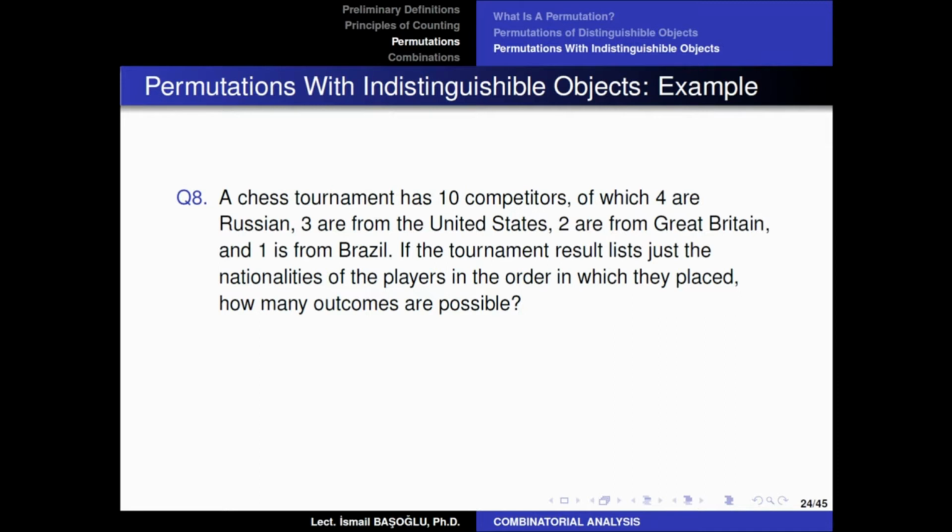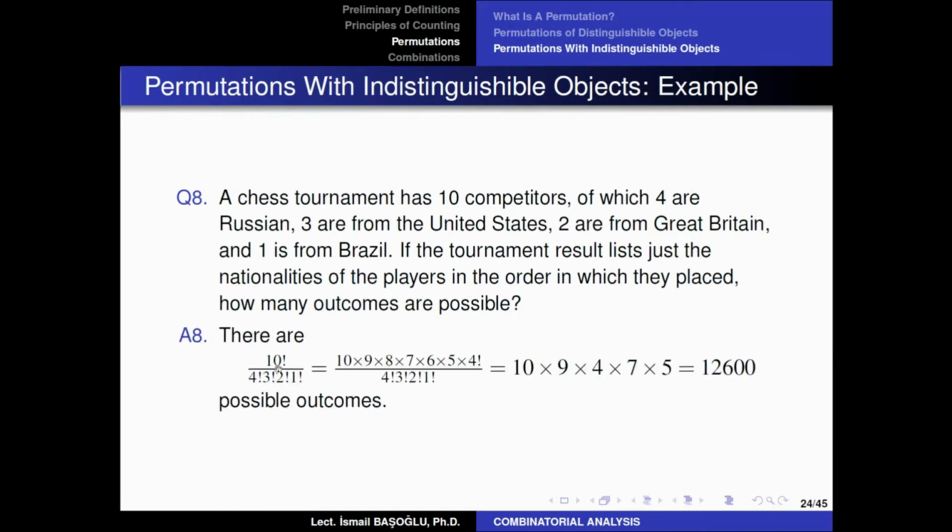Now, at the end of the tournament, if we were to see the names of the competitors, in that case, we would have 10 factorial possible rankings. However, the question tells us we will only see the nationalities in the ranking. Therefore, we wouldn't see the difference between these Russian competitors, United States competitors, and Great Britain competitors if they swap positions with each other.